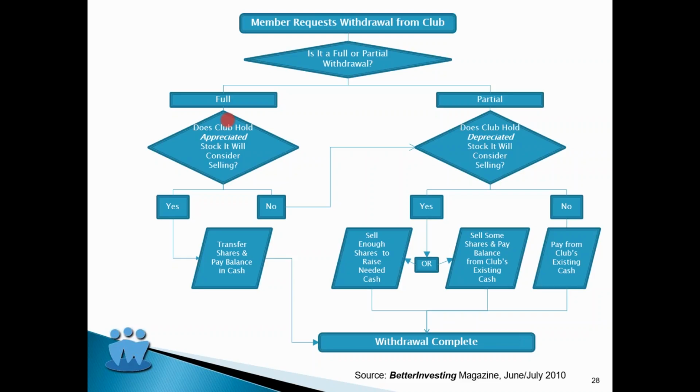So if you have that kind of holding in your club portfolio, it can be useful, over here we say yes, we do have that, to transfer some of those shares and pay the balance in cash. Transfer some of those appreciated shares of stock, and we'll talk about why that is so useful in just a minute. And then the withdrawal is complete.